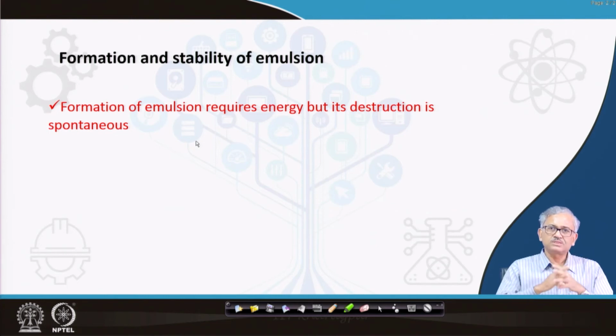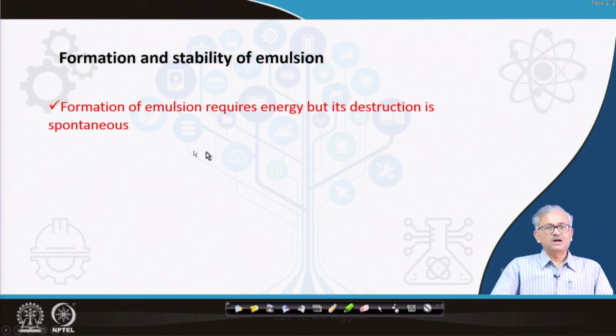Because the state is very high energy, it will always reduce its energy by moving back to the slag metal system from the emulsion. So the destruction of emulsion is a very spontaneous process because it is a high energy system. It will always try to reduce its energy to come to the ground state. As a result, destruction is very spontaneous, but formation of emulsion requires energy.